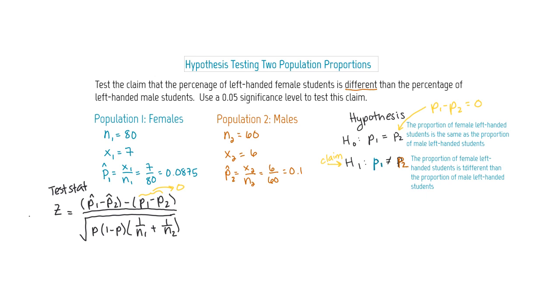And then we know that the difference in the population proportions are going to be 0. So we have this number, and then we know this is 0. And then we need to divide by the square root of this, p times 1 minus p. Well, what is just regular p without a subscript? How can we refer to a p when we have two populations? So regular p is known as the pooled proportion.